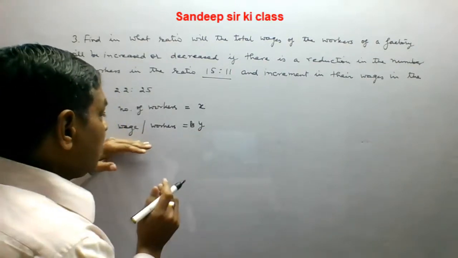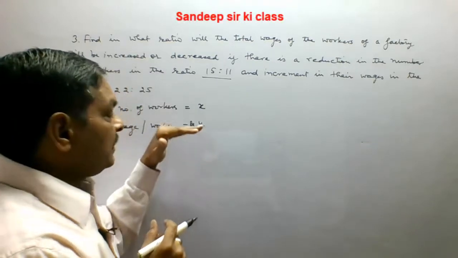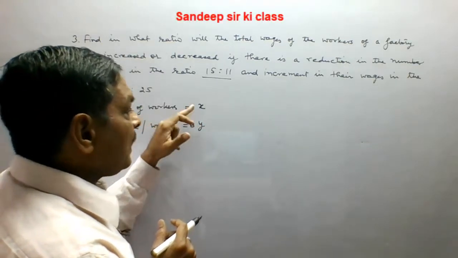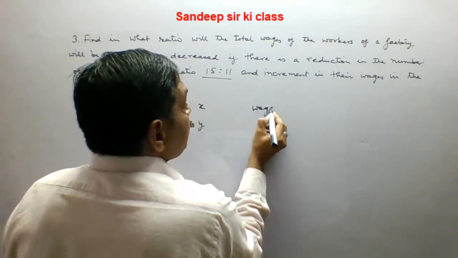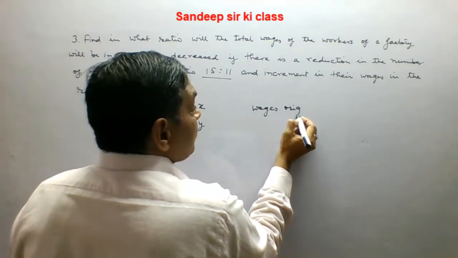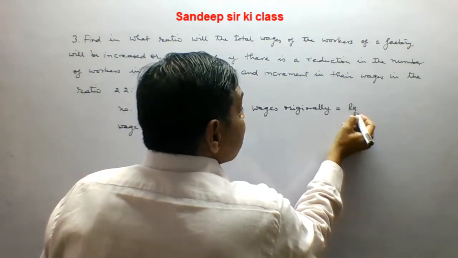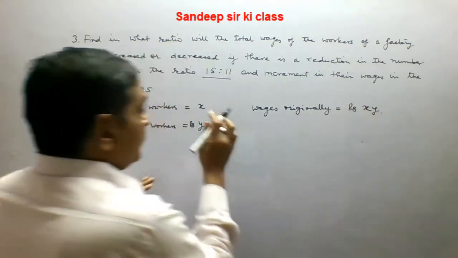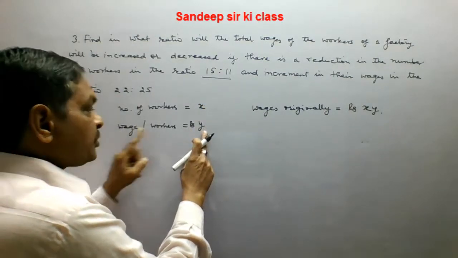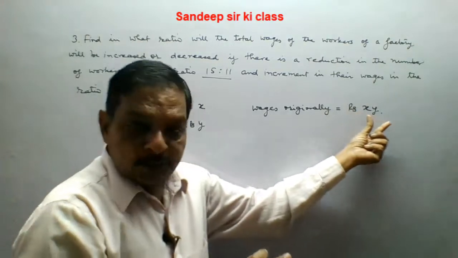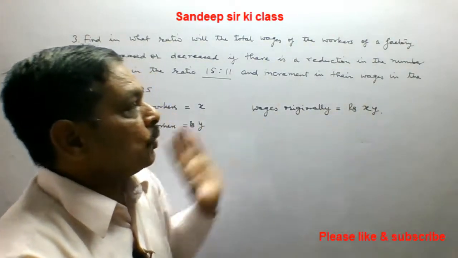Per worker, the wage is rupees y. So, the original wages are x into y rupees. Number of workers multiplied by wages per worker gives xy. So wages originally are rupees xy.